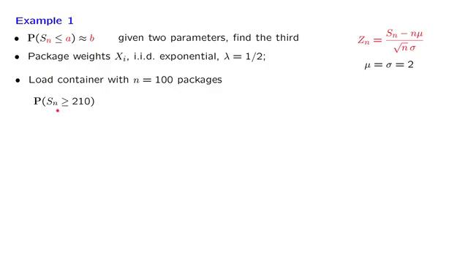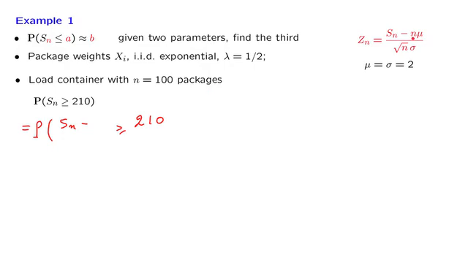Then the next step is to take this event and rewrite it in a way that involves this random variable. So we take the original description of the event, and subtract from both sides of this inequality this number n times mu.